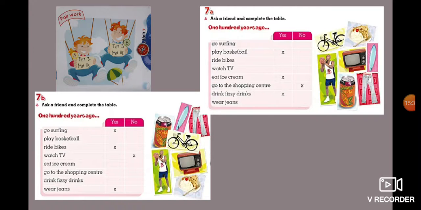Okay, 100 years ago, people used to drink fizzy drinks. Okay, fizzy drinks is like a soda, okay, bebida carbonatada. 100 years ago, people used to wear jeans. Okay, so remember, you write a check if you consider that this action used to happen.